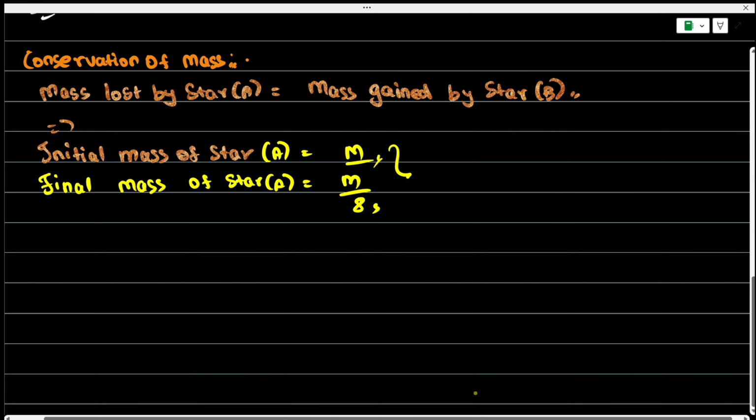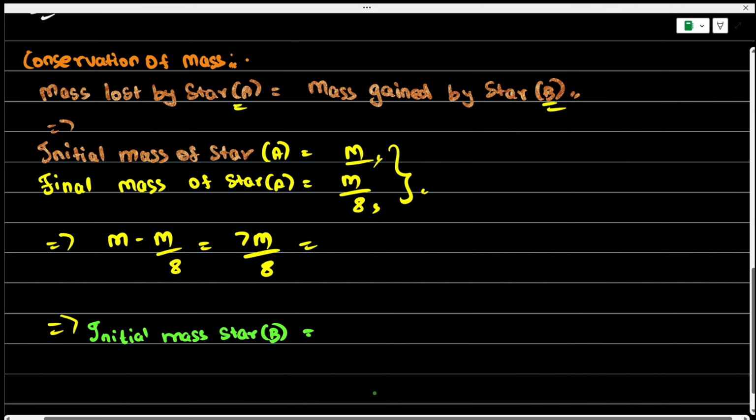With the help of this data we can find the lost mass of star A. Let's do the subtraction: m minus m by 8 is equal to 7m by 8, which is the lost mass of star A, and this is the mass gained by star B from star A. Therefore the initial mass of star B is 2m, and the gained mass of star B is 7m by 8.